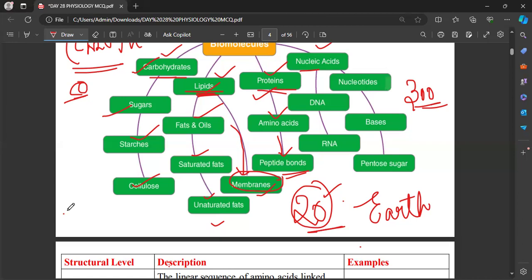I think now it is clear, right? Sorry for the disturbances. Where do I have to start? From amino acids?